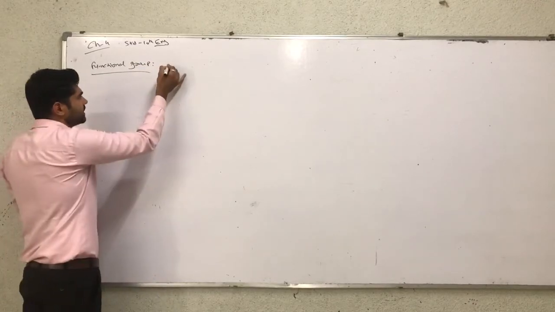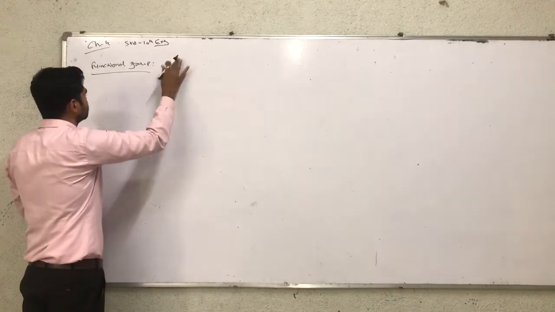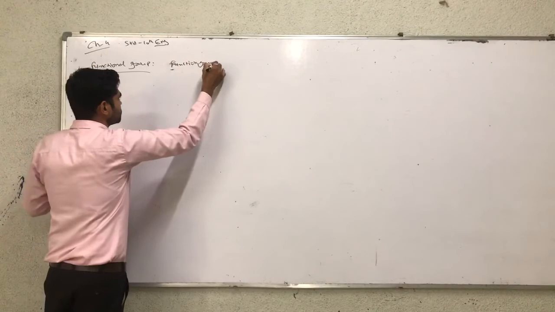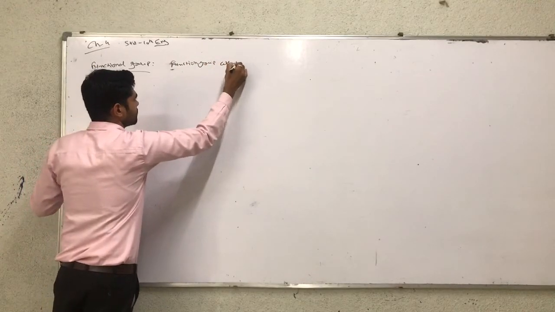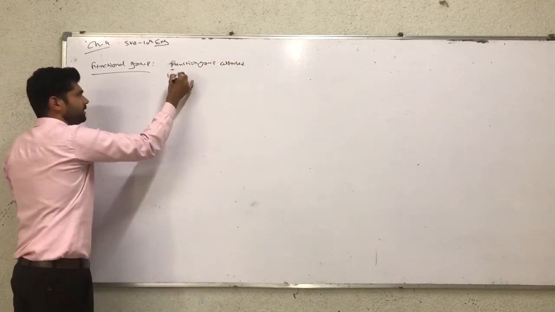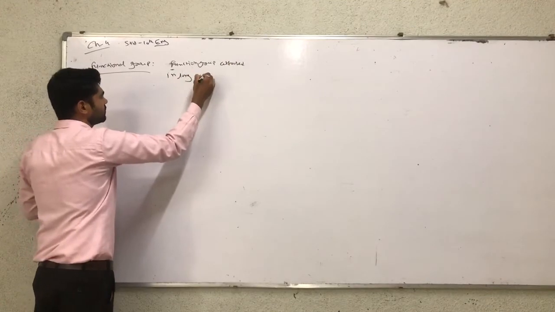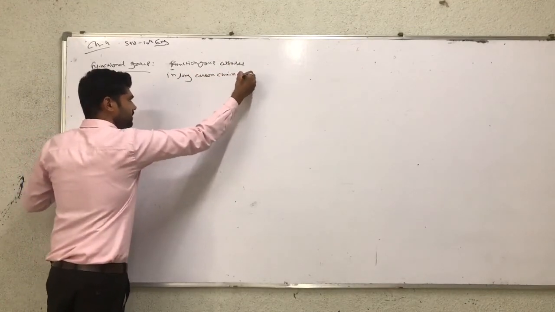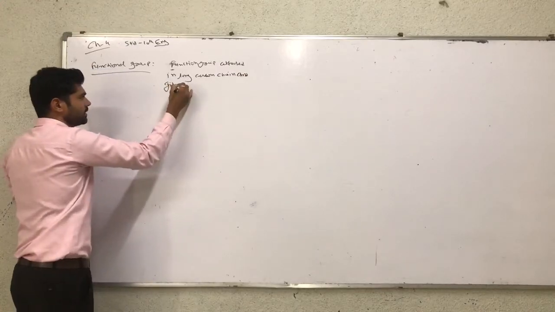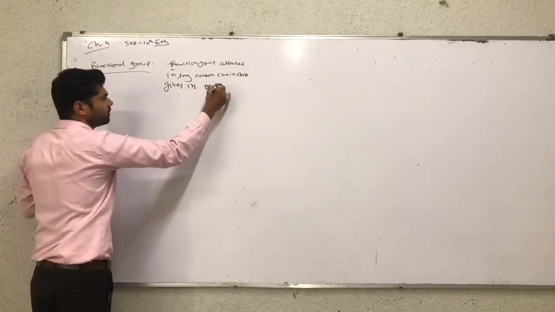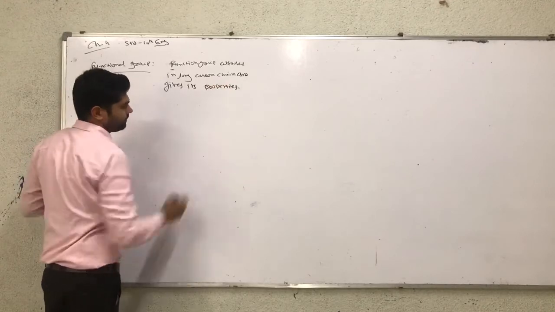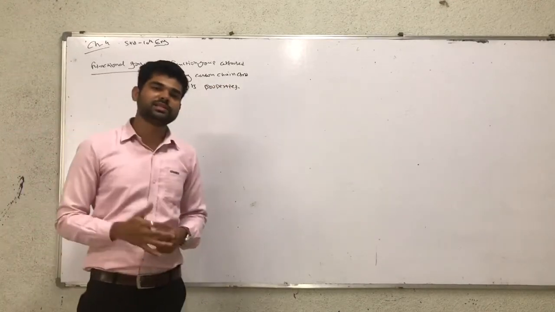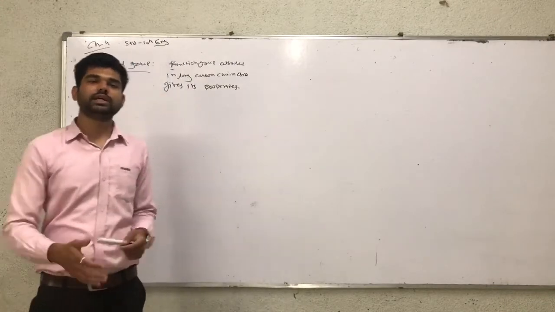In a long carbon chain, a functional group attaches and gives its properties. So functional group means attached with a long or branched carbon chain and gives its property.